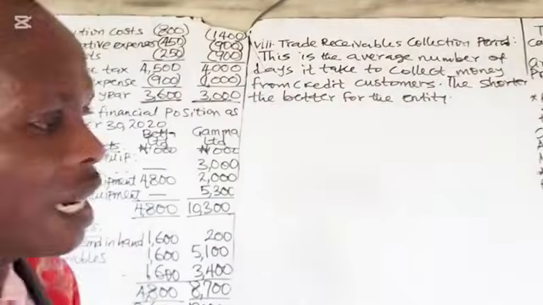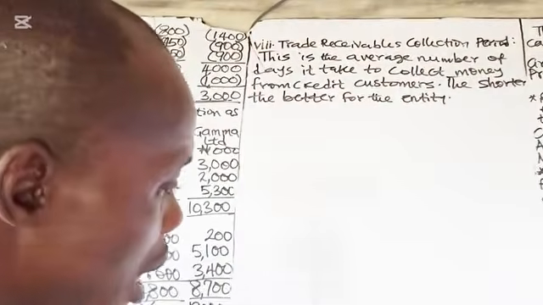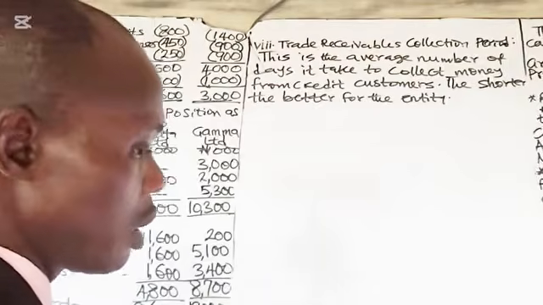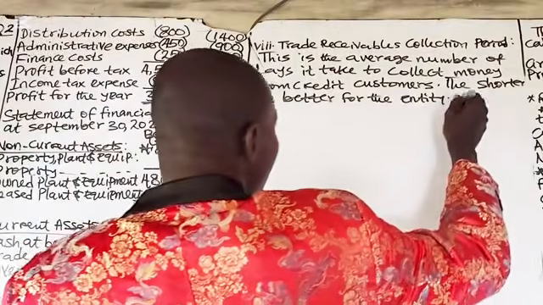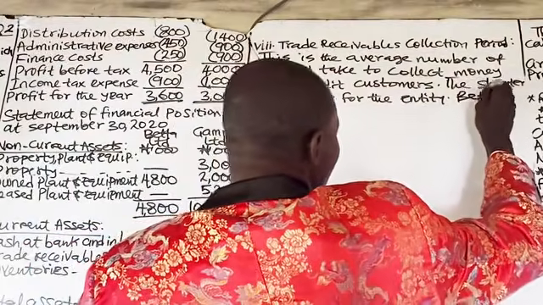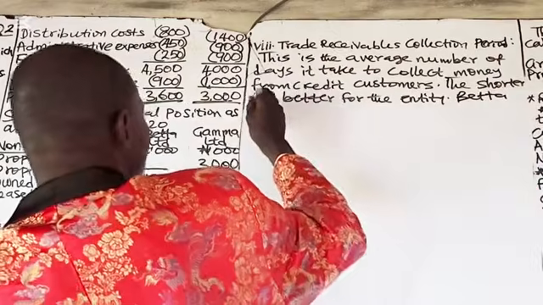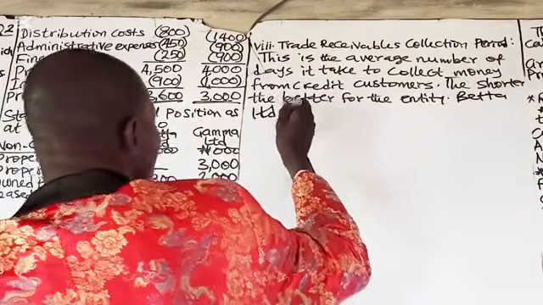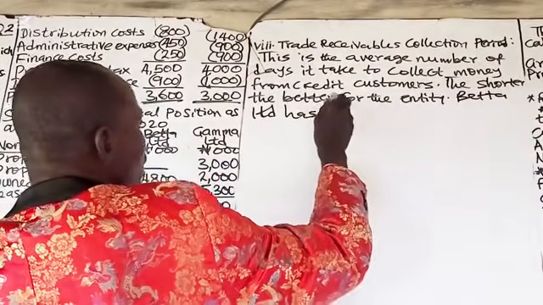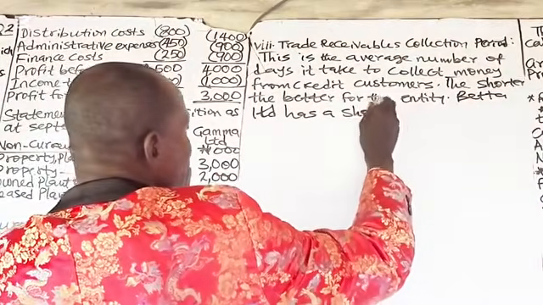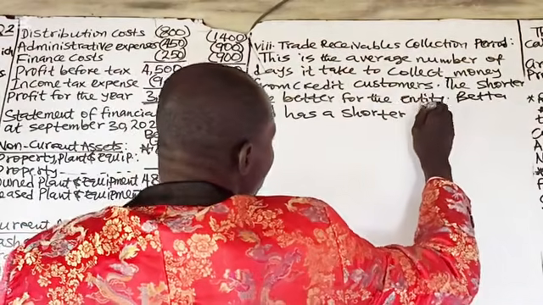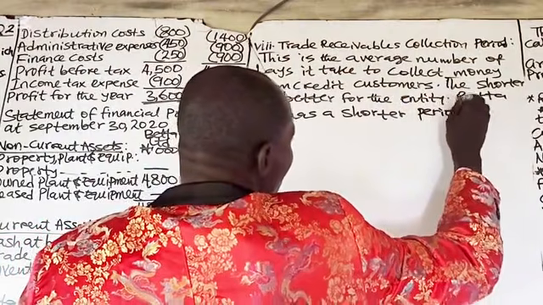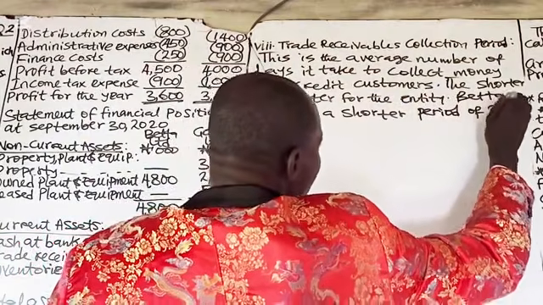So Beta Limited has a shorter period of 31 days.